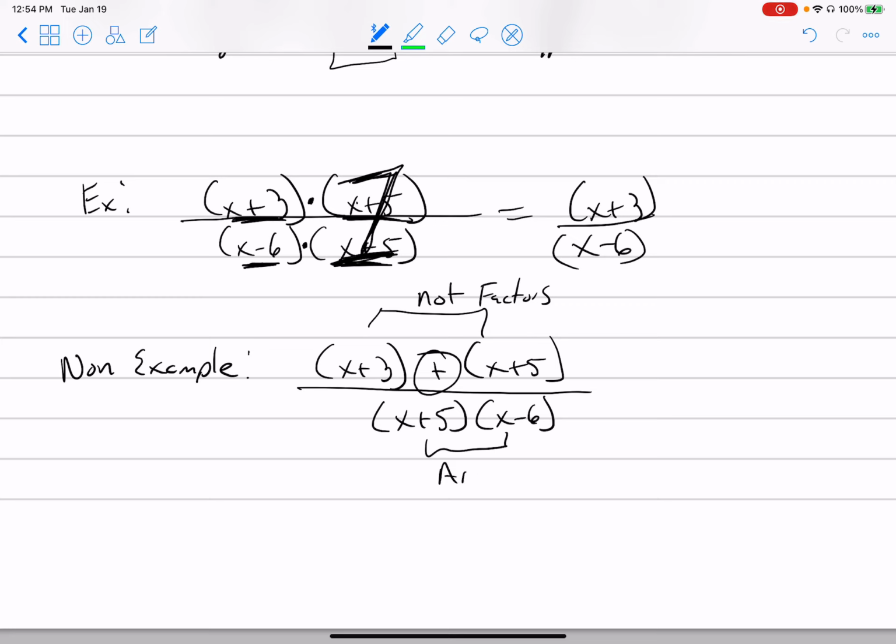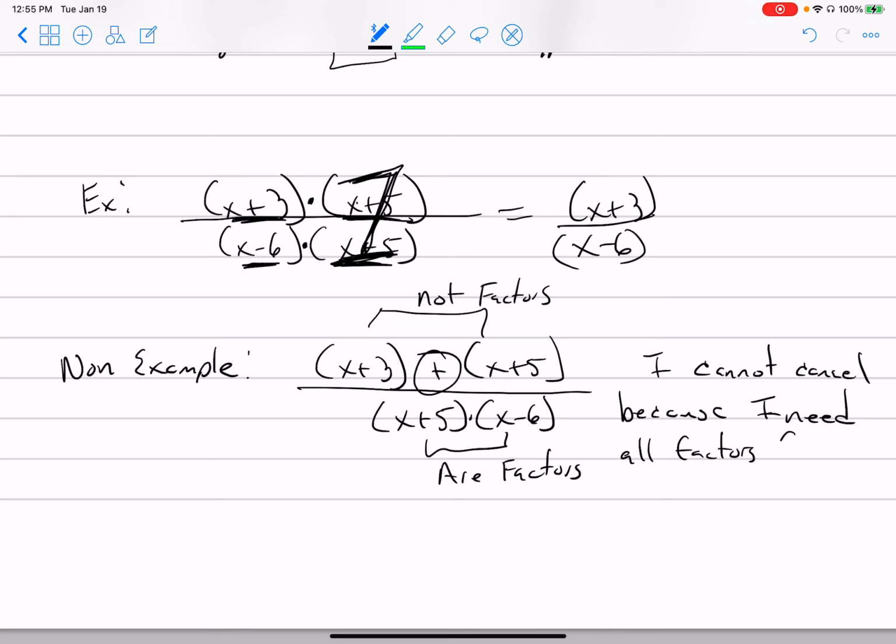These are factors, because they are being multiplied. But as soon as I have non-factors, I cannot cancel here, because I need all factors for canceling to work.